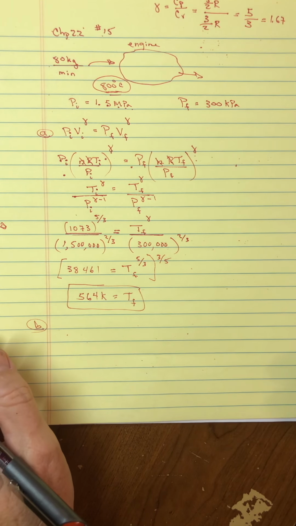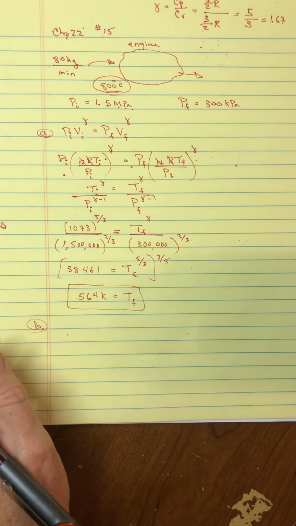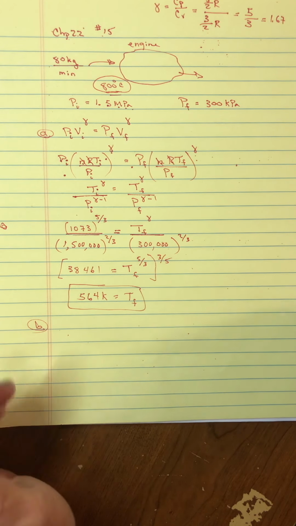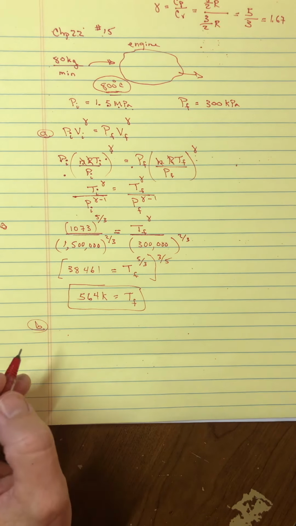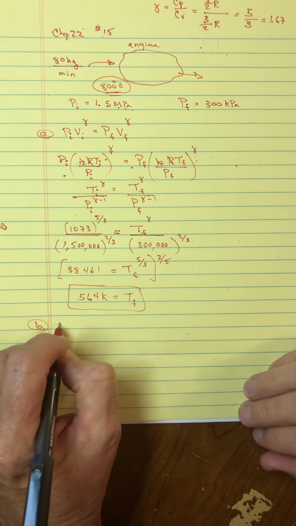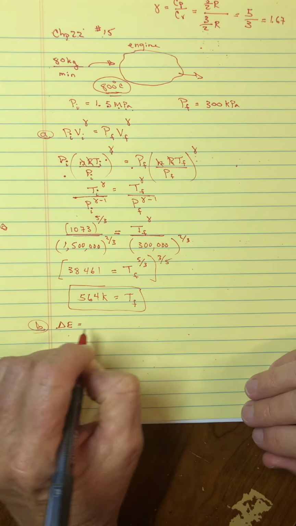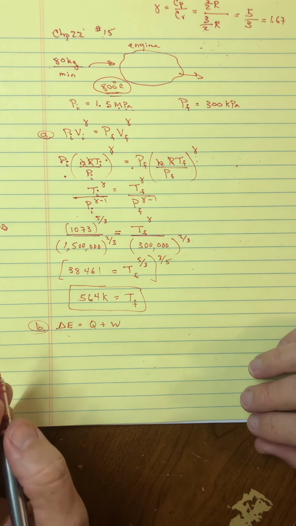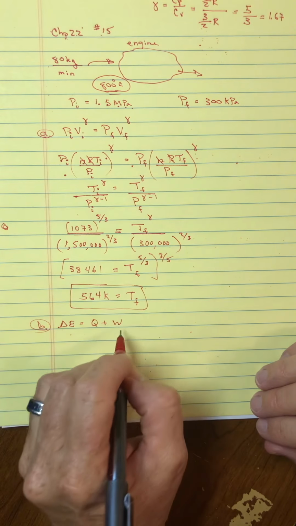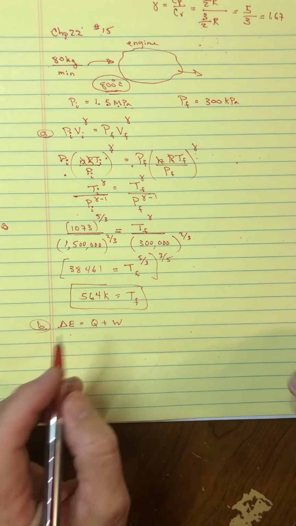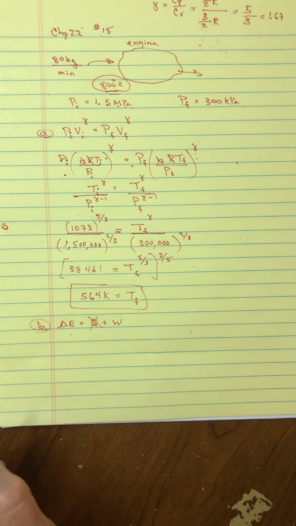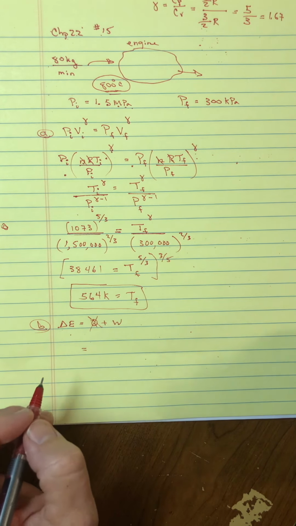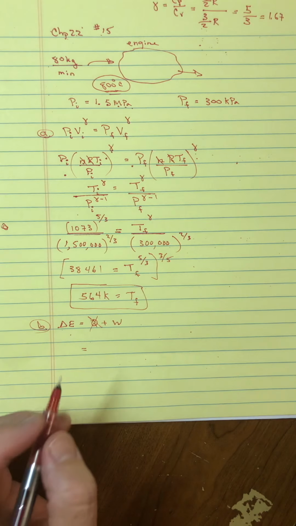Okay, then so B says calculate the maximum power output of this turbine. Okay, well, to get that, we have to talk about the energies. And I'm going to go to the first law of thermodynamics and figure out how do I calculate the work being done. And the fact that they said it was adiabatic means that I can cancel off the Q, because there is no heat in an adiabatic process.